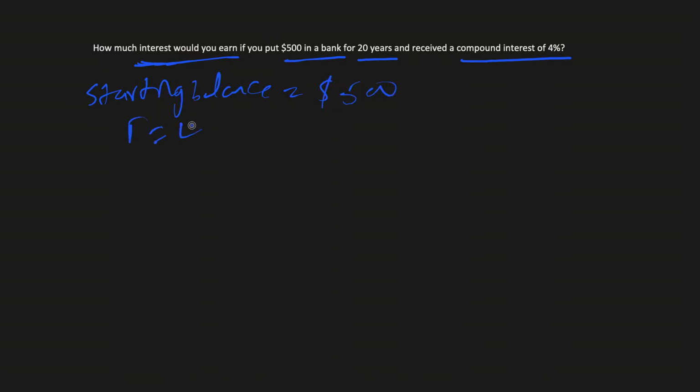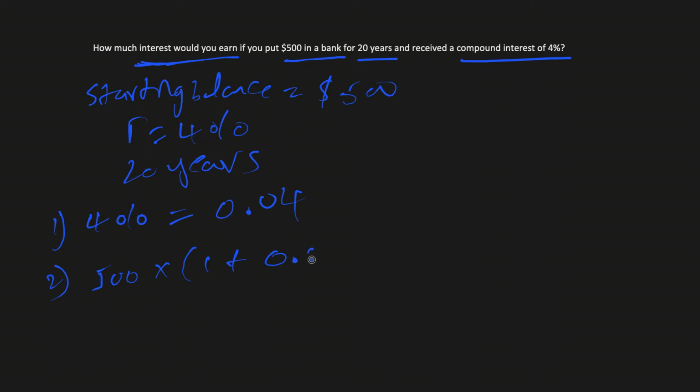The compound interest is 4% and it's for 20 years. Great. So step one is to convert 4% to decimal. Second is to substitute values in our formula, which is starting balance times 1 plus interest rate in decimal to the nth power.